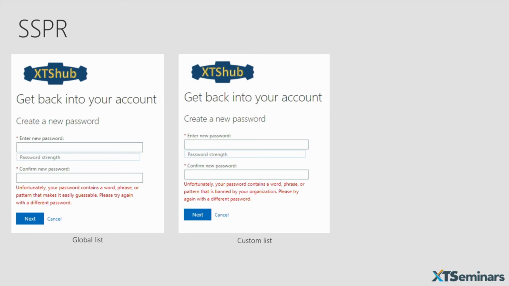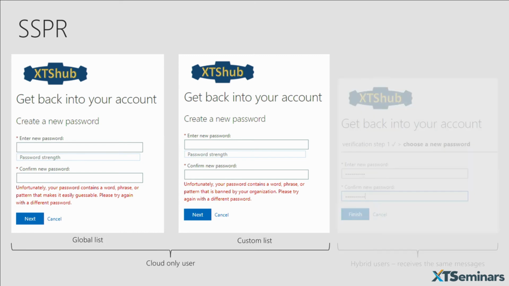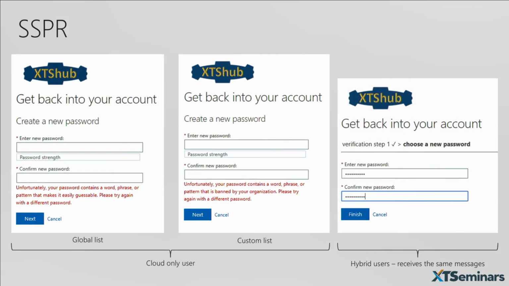Again, here you've got something in the custom list, which is pointing at your organization having banned the password. And if you go for changing the password for a hybrid user, you get a slightly different UI, but the same messages come back if the password is detected and blocked. So that's the user experience in the cloud.